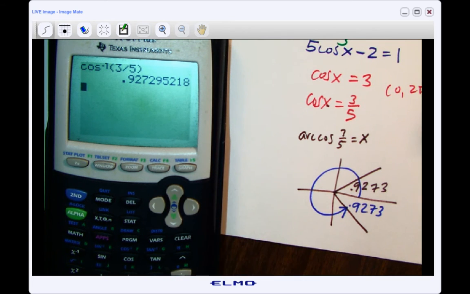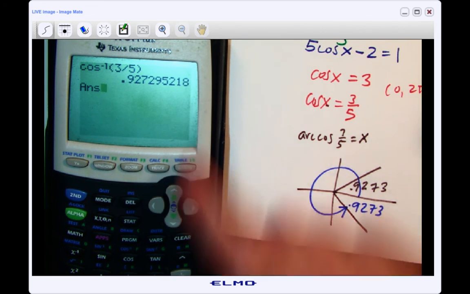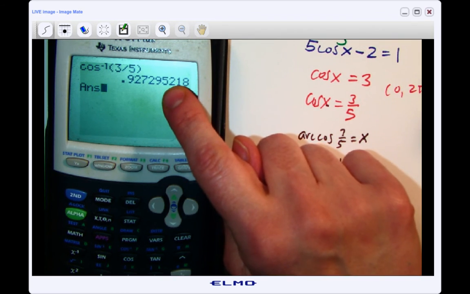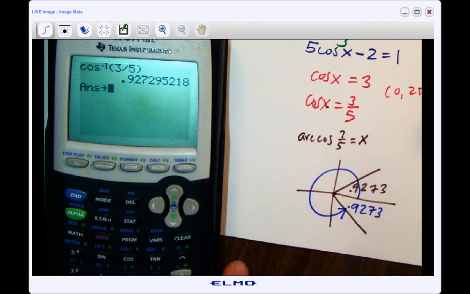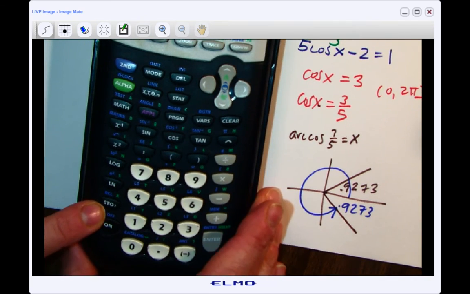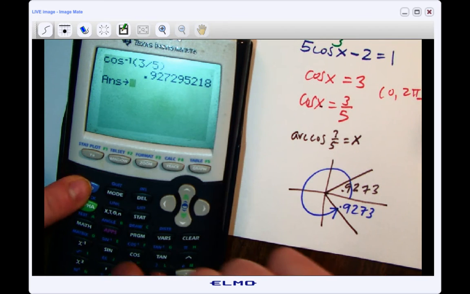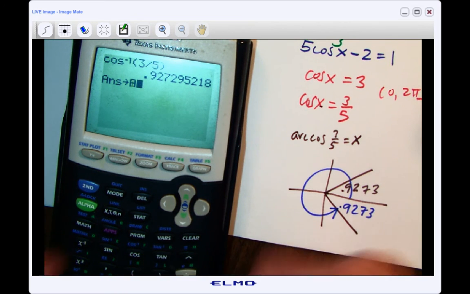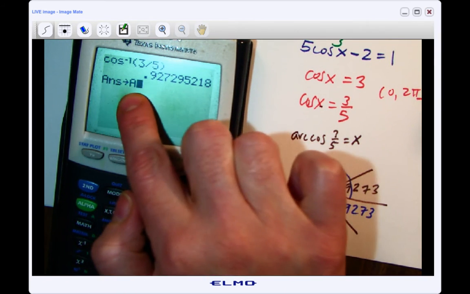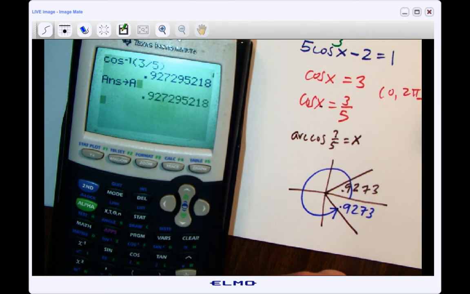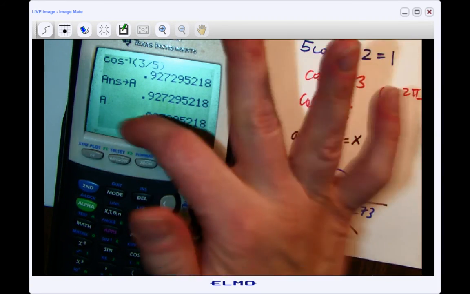Well, actually, first I'm going to store that one. Oh, I messed it up because I didn't do it. So I hit answer. Before you do anything else, hit the store button, STO, and I'm going to give this a letter. I'm going to call it alpha A. This says store your answer in A. Every time I hit the letter A, you can use whatever letter you want, it stores this.